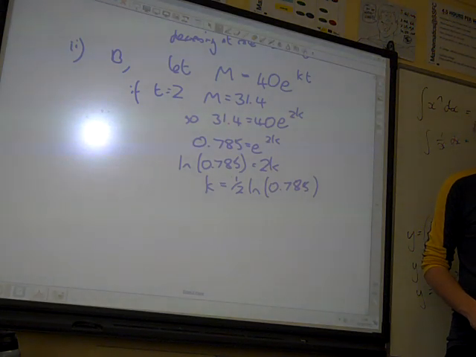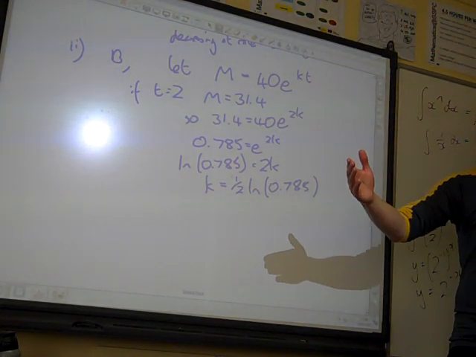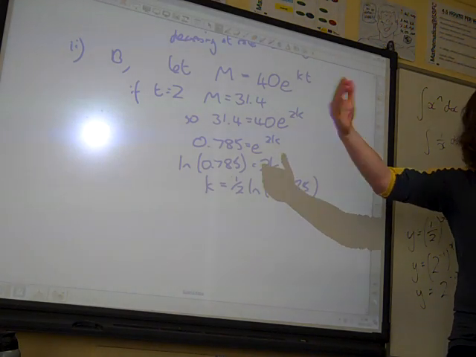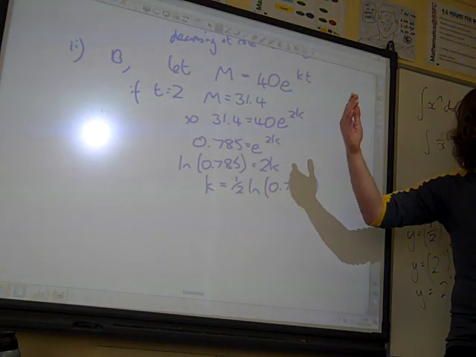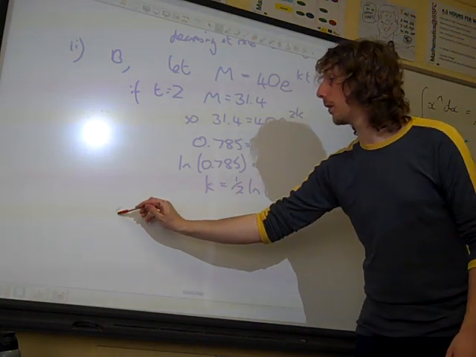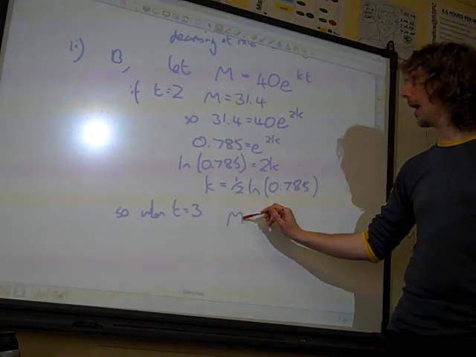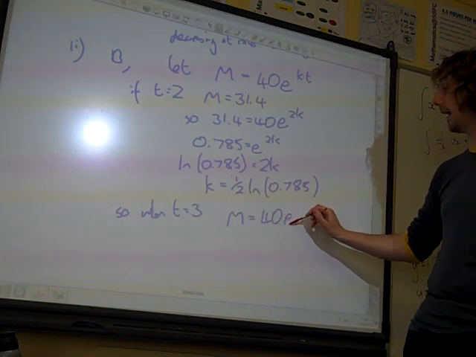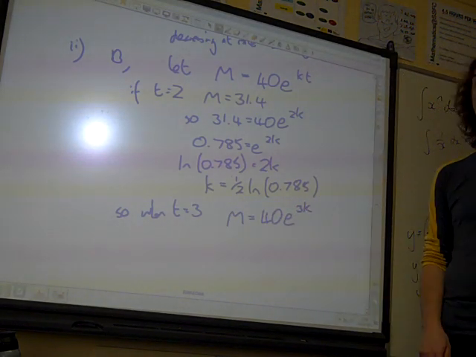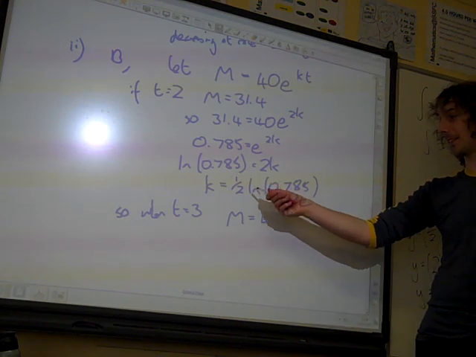The question said, find the value 1 year later. So 1 year on from this, t is now going to be 3. 1 year on from 2 years. m is 40e to the 3 times k, and I know what k is.